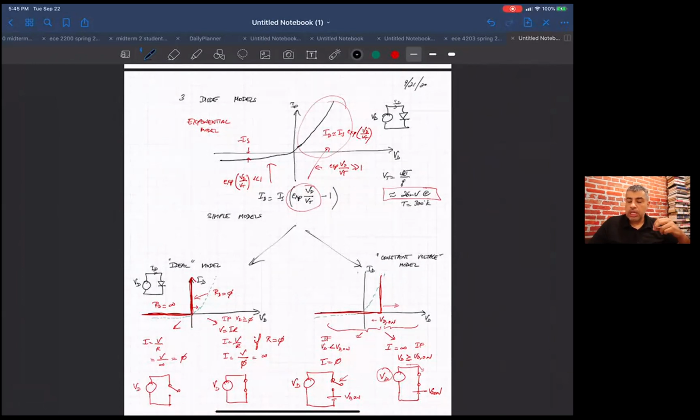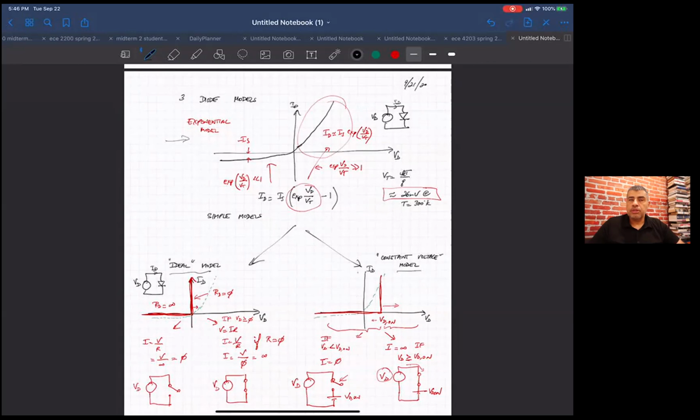When you get a problem, your approach should be to first see if the problem specifies using an ideal model or a constant voltage model to solve it. If you don't see either one of those, it's kind of a hint that you might have to use this exponential model.